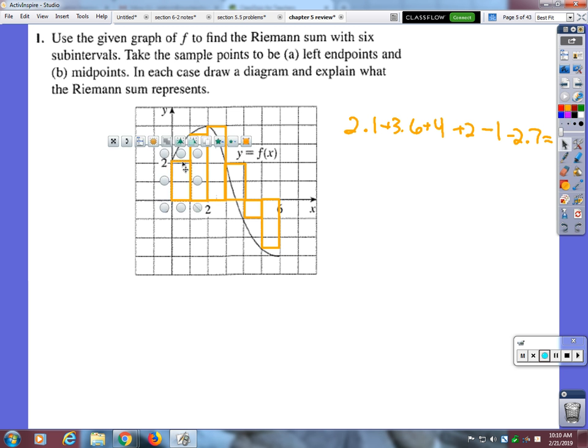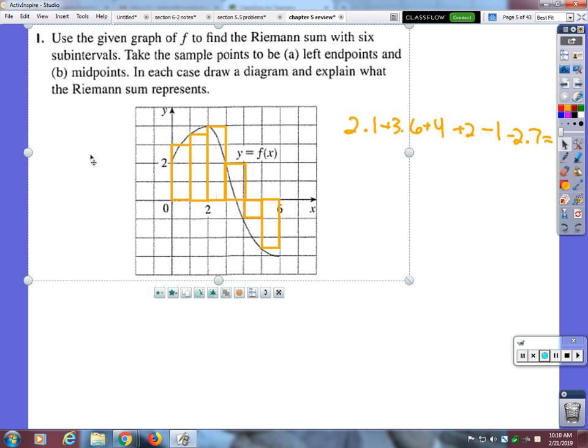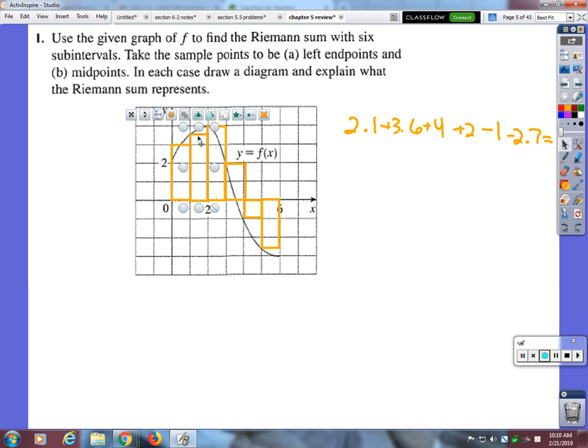And then if you want to make that into midpoints, now you need to take those rectangles and draw them up to the graph so that the middle of the rectangle is touching the graph. Okay, so then this one, if I want the middle touching the graph, it's about there. This one, I have to move it down. Does that make sense?